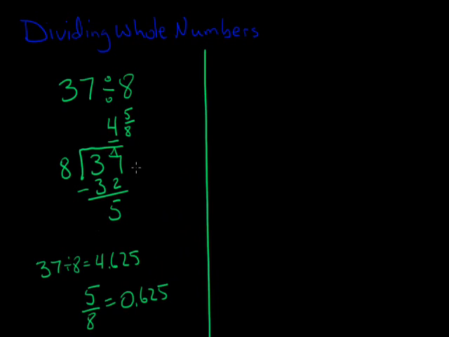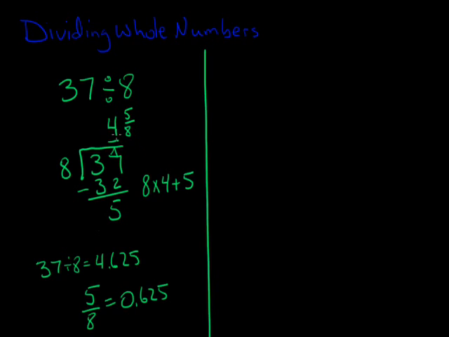Still another way to check your division is to actually multiply your divisor, which is 8, times your quotient, which is 4, plus your remainder, which is 5. And by the way, 4 isn't your entire quotient. Your entire quotient is 4 5/8.